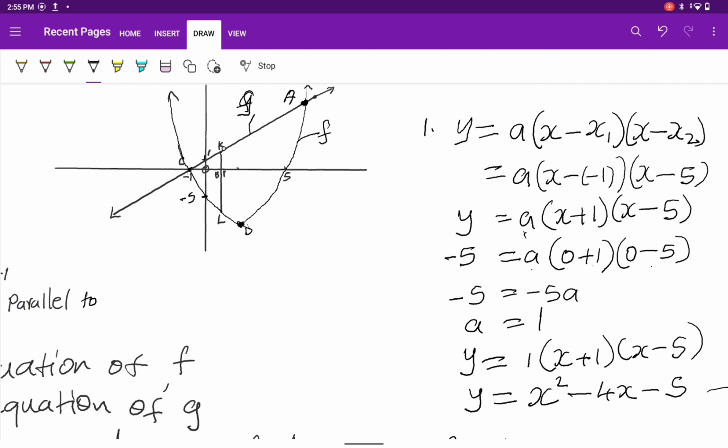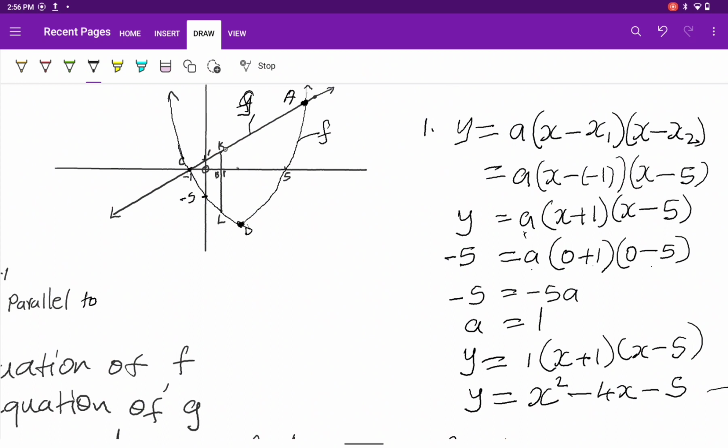So to get KL, we can simply get the y value at K and the y value at L, and we take the top y and subtract the bottom y, and we'll get the length of KL. Or if we get the coordinates of K, we know that the x coordinate is 1, and the coordinates of L, we know that the x value there is 1 also. So all we need are actually the y values.